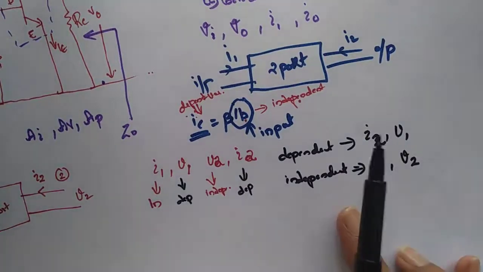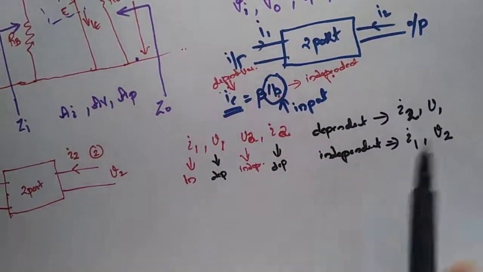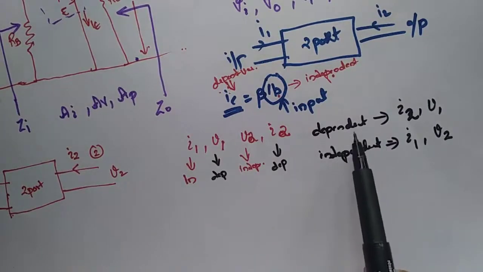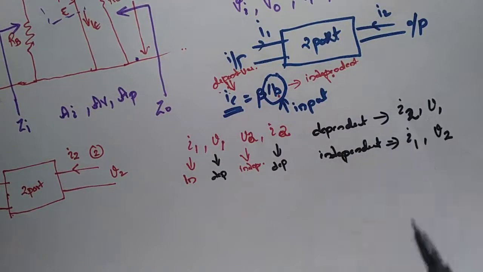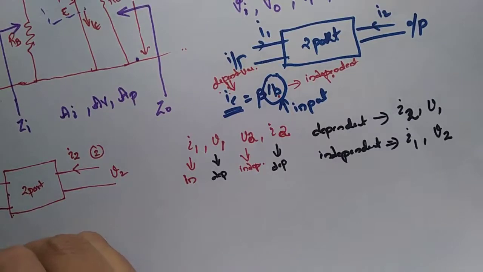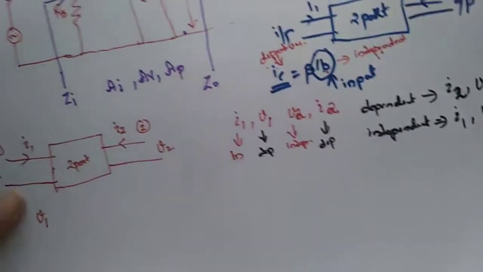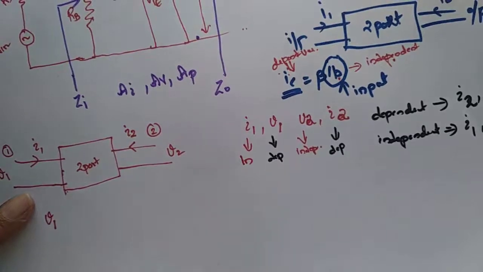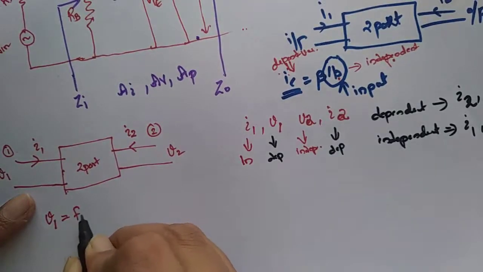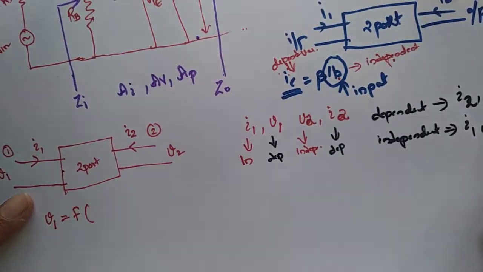So how can I write the same in equation form? The dependent parameter V1 is a function of what? We know the VCE equation, isn't it? We have found the VCE equation; in that, the input equation also will be there.